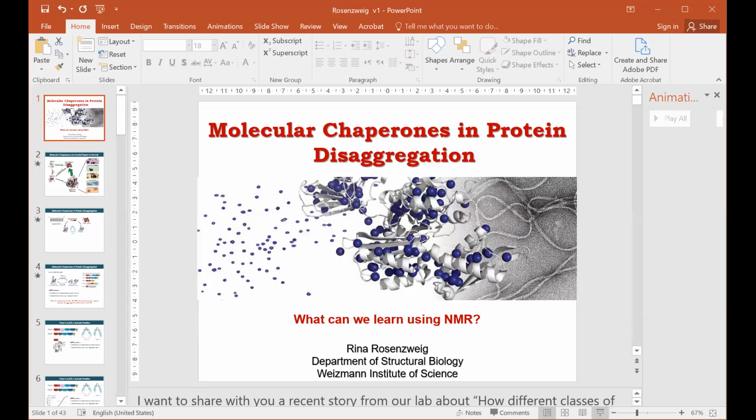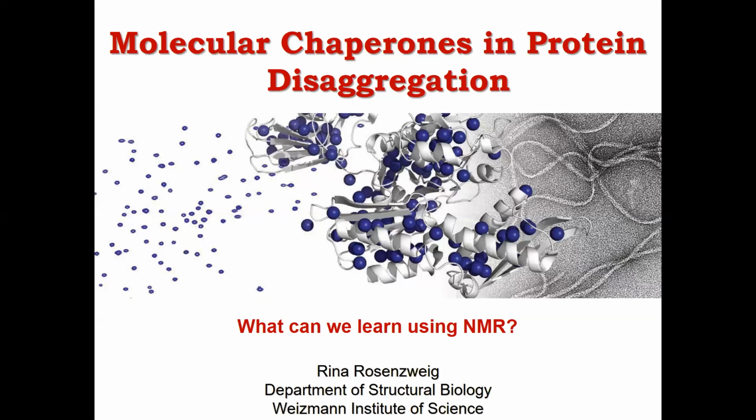The second talk is by Professor Rina Rosenzweig. A brief introduction: she completed her BA in molecular biochemistry at Technion, Israel Institute of Technology in 2003, and then completed the direct PhD program there in 2010. She then moved to the University of Toronto, where she studied molecular mechanisms involved in guiding protein refolding and disaggregation.